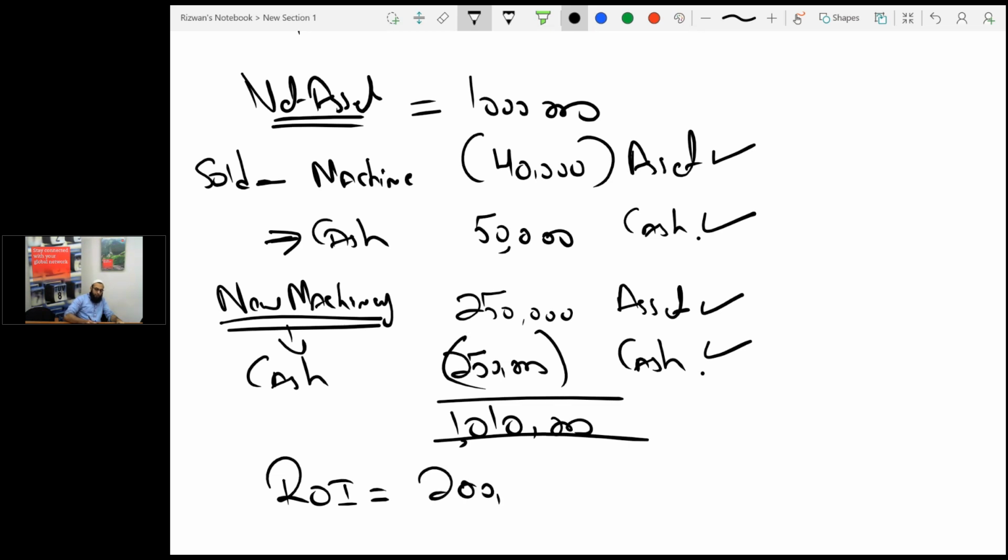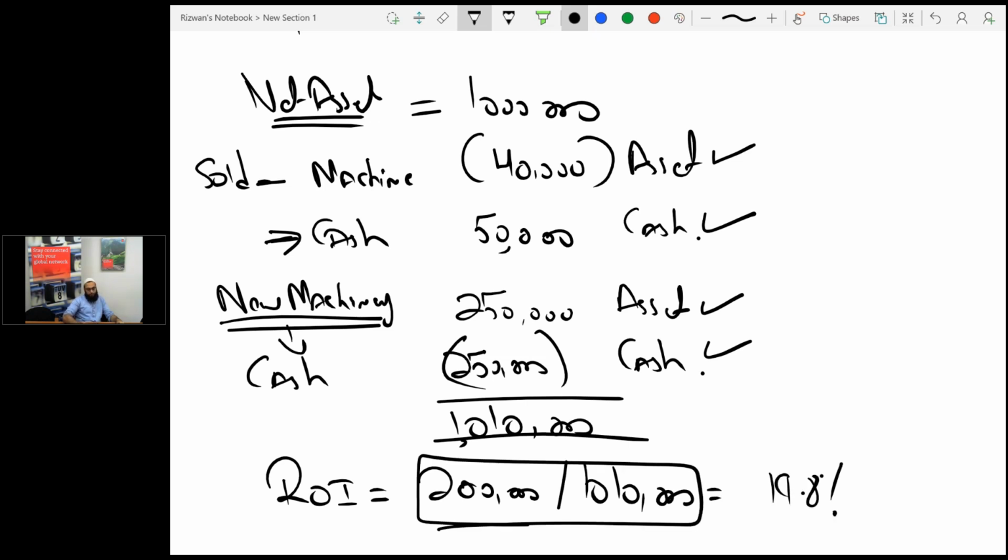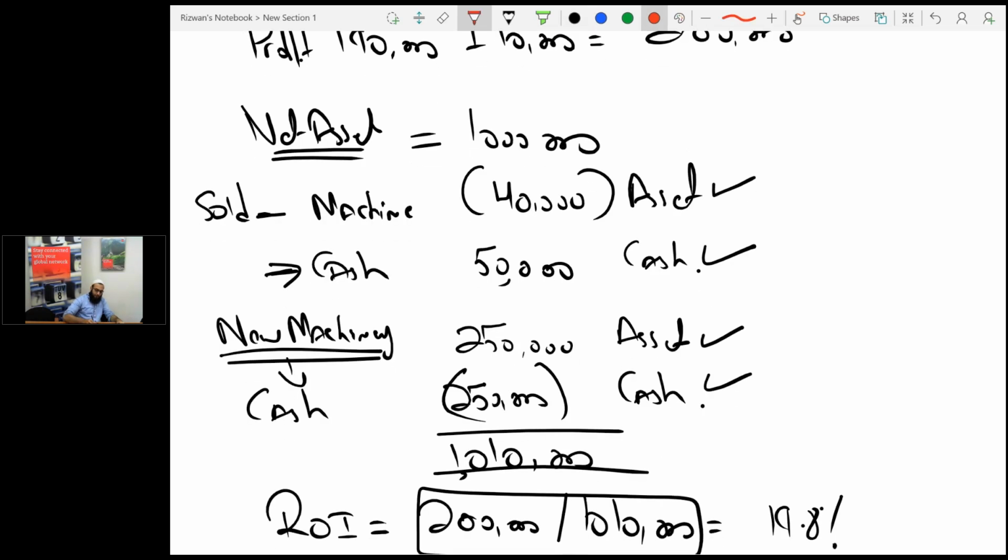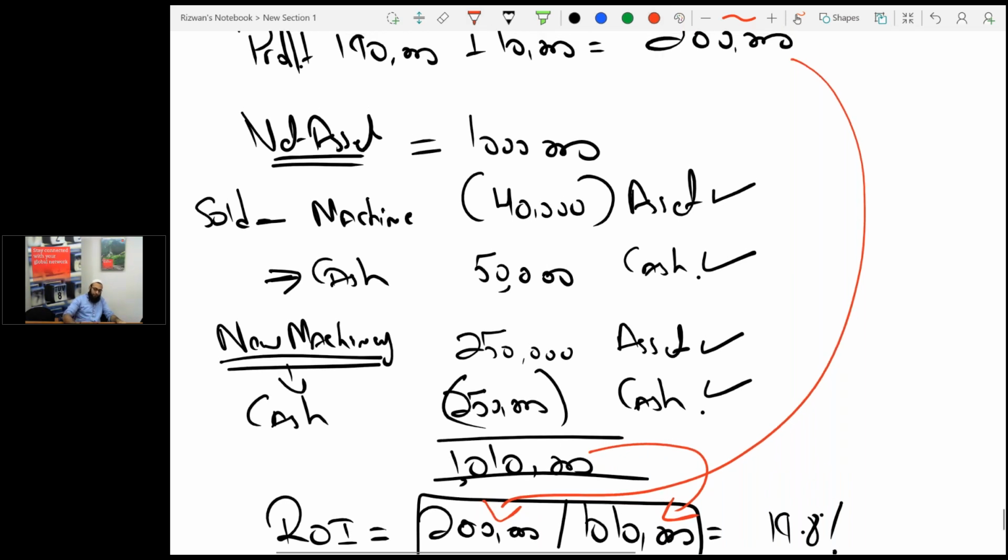So it's 200,000 divided by 101,000. Answer is 19.8. Did you get it? Done? So this is a simple adjustment that we had to make, and the answer is 19.8.